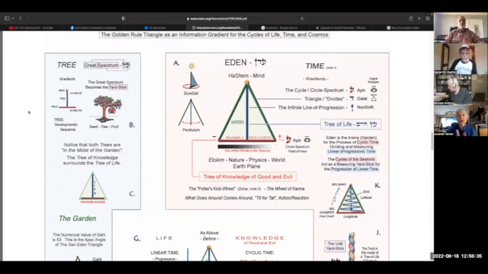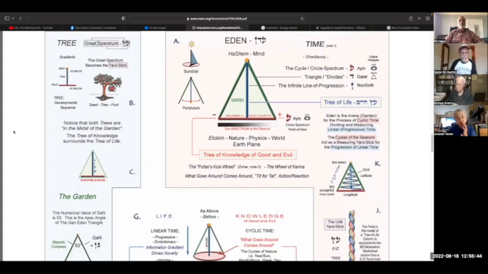How can that be? Are there two trees or what? And so Stanley was exploring this, and here is what he had to say about that.